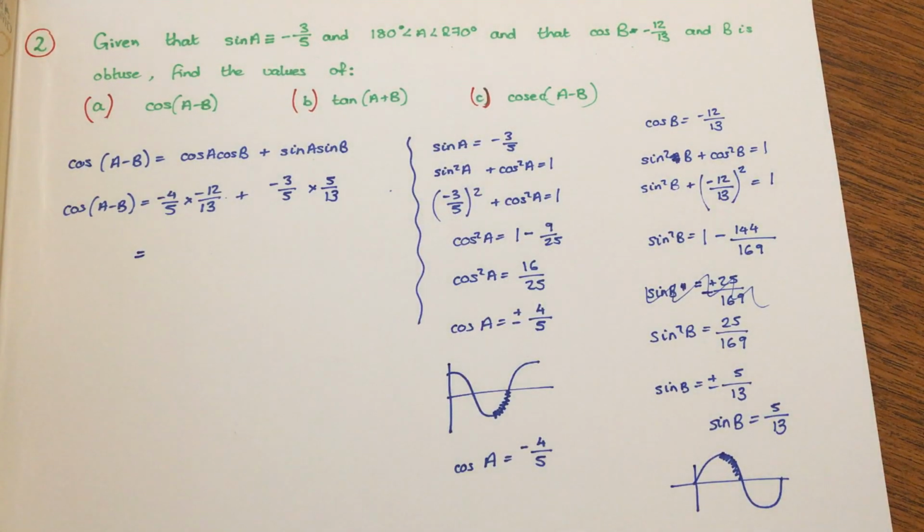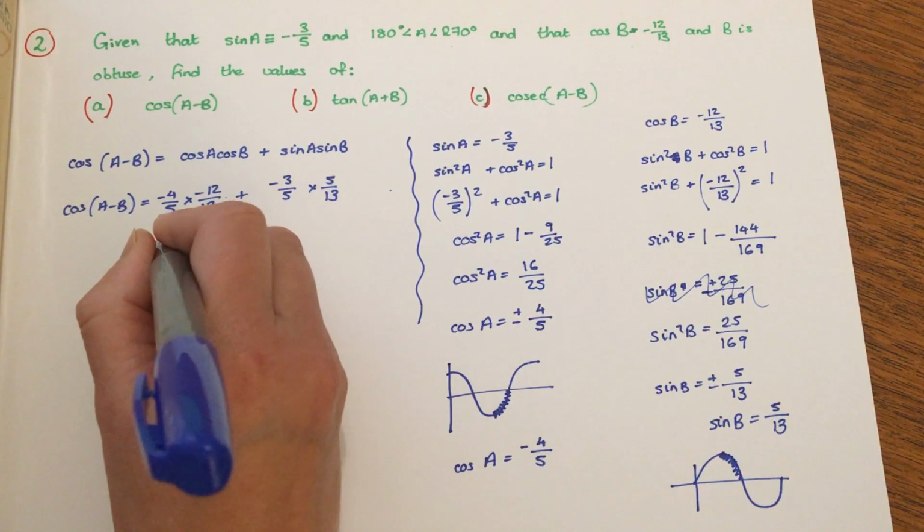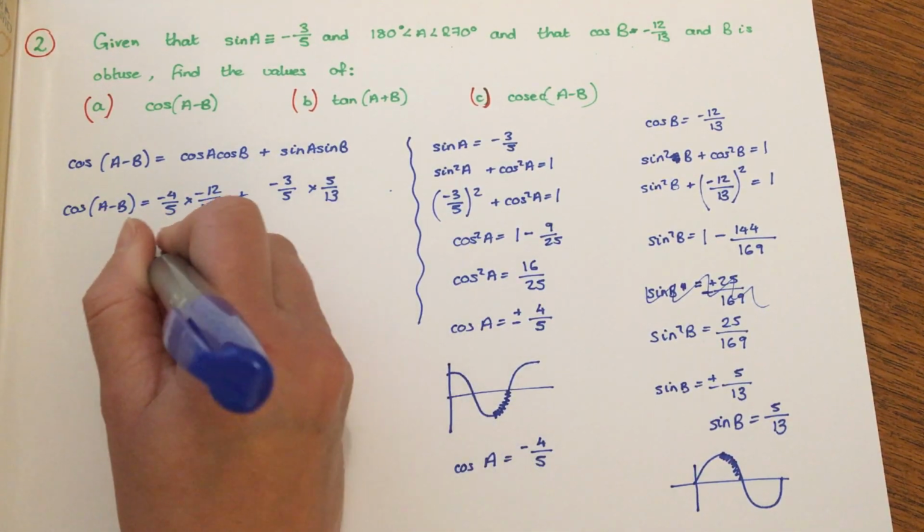And if you work all of that out, you should end up with 33 over 65.